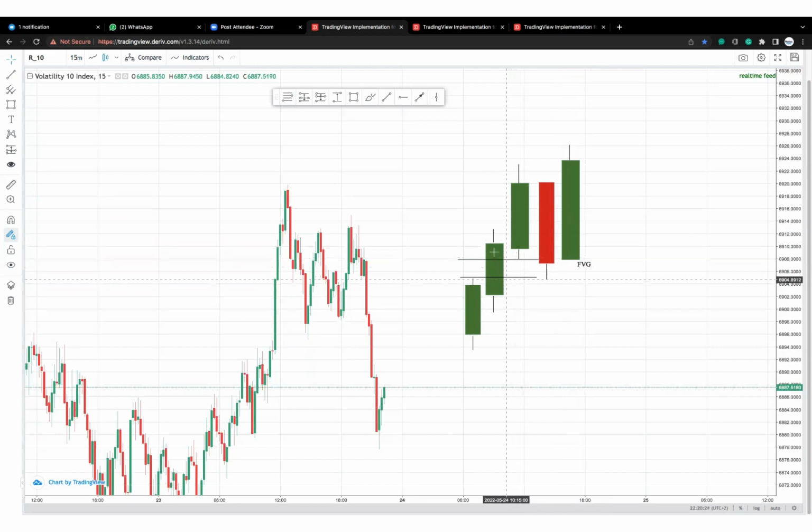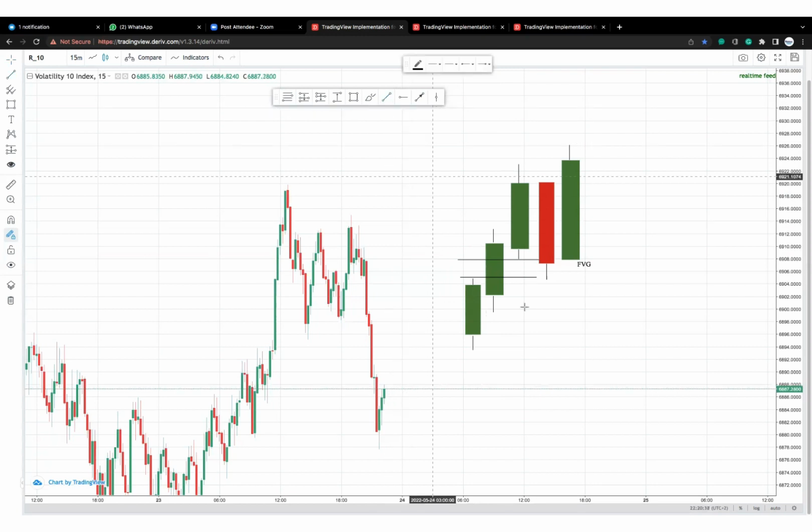Now, if this particular candle, the candle whose body created the fair value gap, is of large enough range, you want to place your stop loss below the candle.